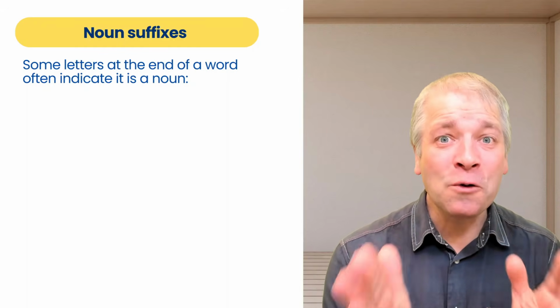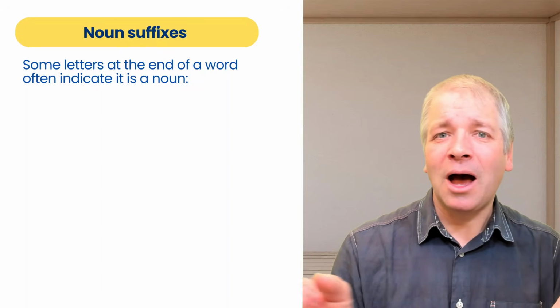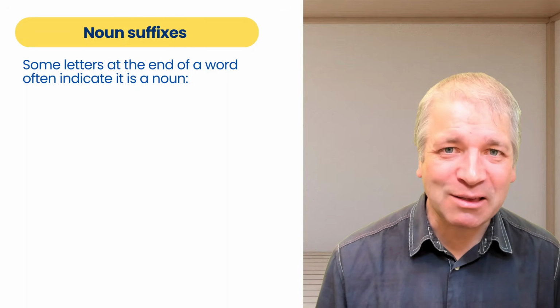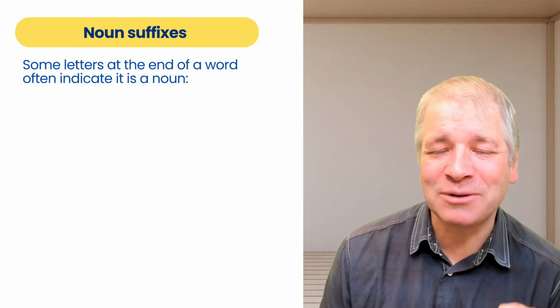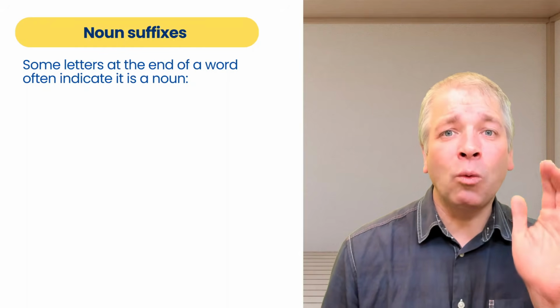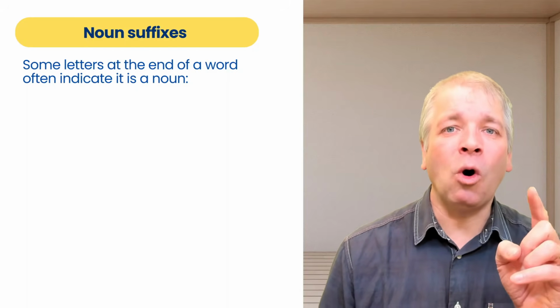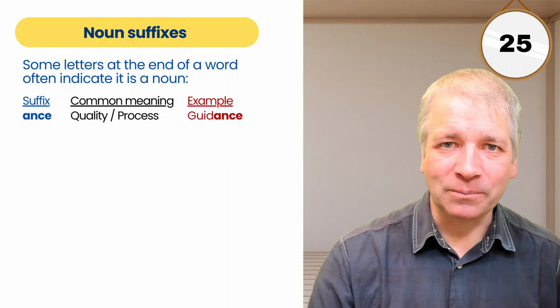And before I go through them all, please remember these are not final rules for everything. There are exceptions. Some of these endings are occasionally found in verbs and adjectives. What I'm doing here is I'm showing you the tendency, what normally indicates a noun by what comes at the end.